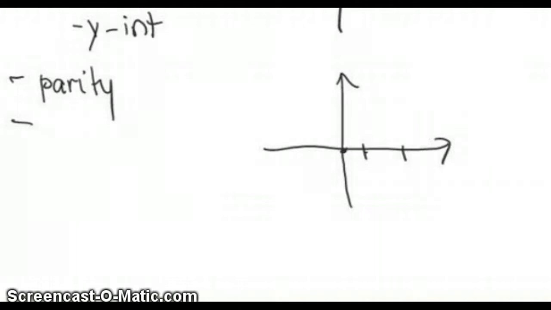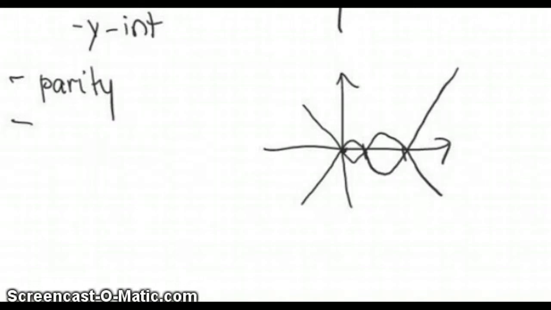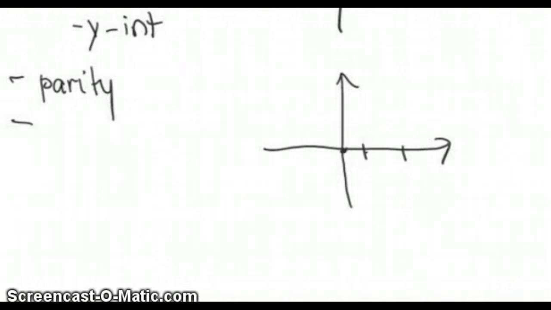Now, how many ways can I draw a graph? I can draw one that goes like that, or one that goes exactly the opposite way, or I can draw one that looks like this. Okay, so it's helpful to know its sign.